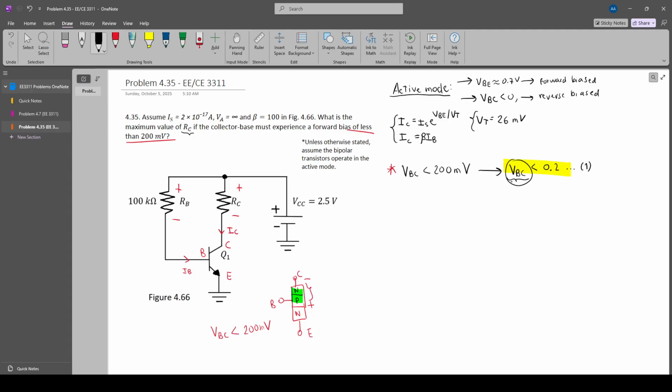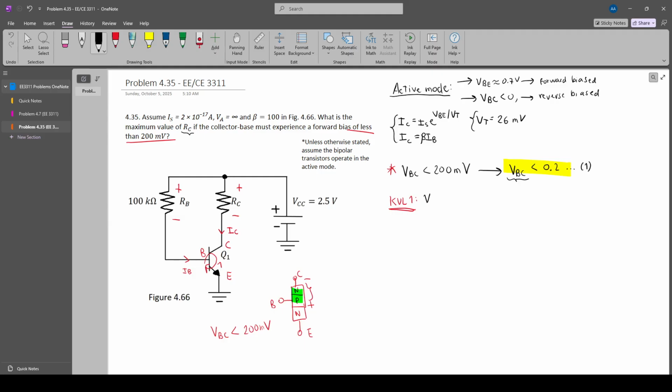In order to do that, the first thing we can do is a KVL right here at the transistor, following this loop. So let's put here KVL1. We follow the loop: V_BC plus V_CE plus V_EB equals 0.